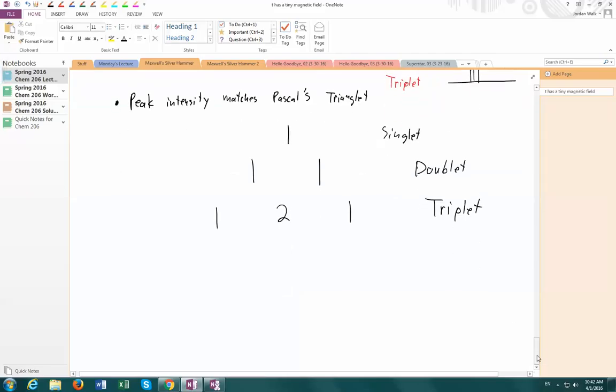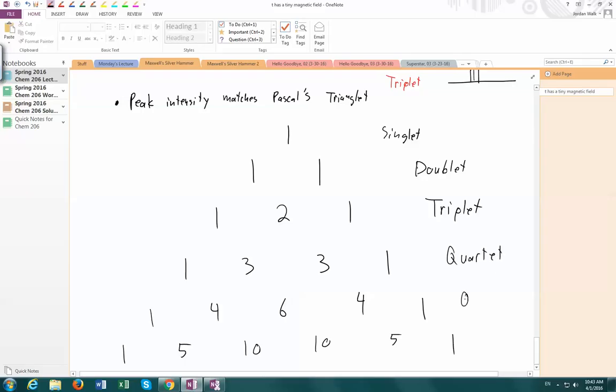And so ultimately, whether we have a singlet, doublet, triplet, on and on, it all corresponds to Pascal's triangle. And so as we go down, we see that, and then we'd see this, and so you can keep doing it all day, I guess, if you want to. If you're bored later, go ahead and just draw Pascal's triangles. Here we've got a quartet, quintet, sextet.